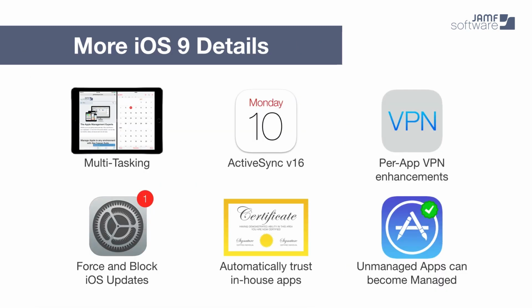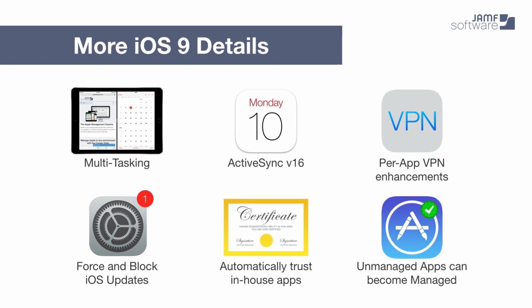Some things that are new with iOS 9, well, you can do multitasking, which is great. The Calendar now supports Microsoft's new ActiveSync version 16, a lot more stable. There's some enhancements to per-app VPN. Coming soon, there's going to be the ability to block iOS updates or actually force them to go to a new version.